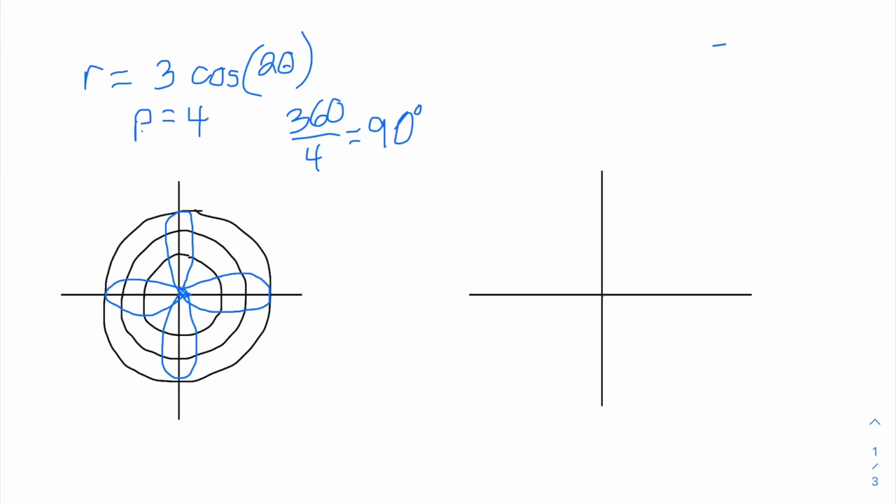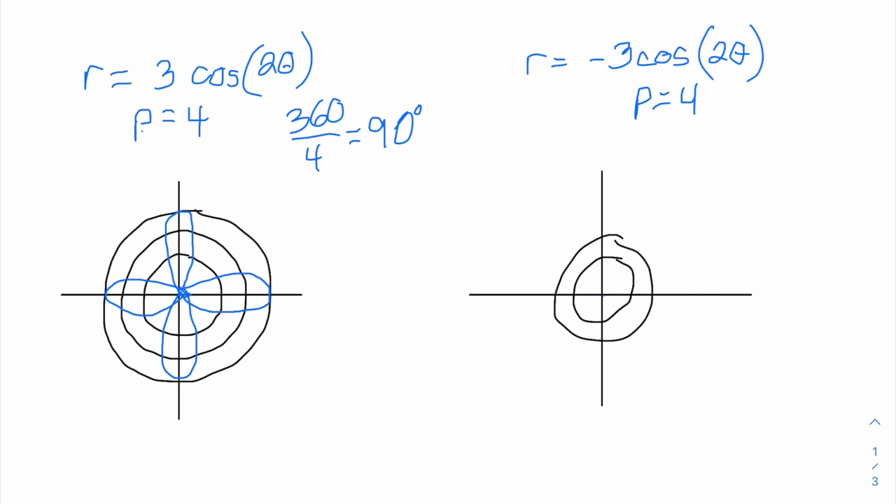Now let's try one where we have a negative, and this is why we like cosine so much. So when we're doing our rose petals, if we have cosine and we have an even value for n, well, here's what's fun about that. If n is 2, we're still going to have 4 petals, and if a is negative 3, then I'll quickly draw in our circles as a guide.